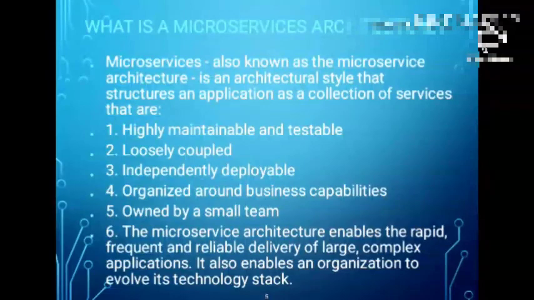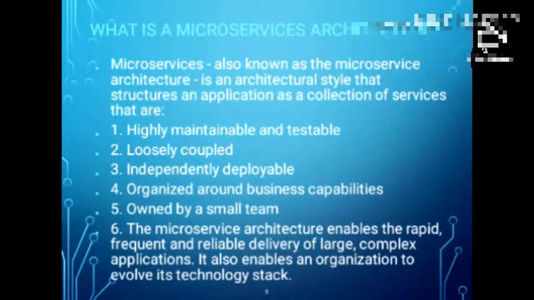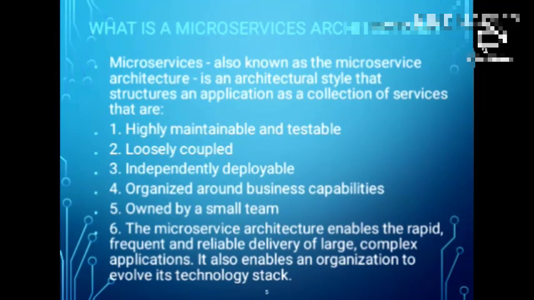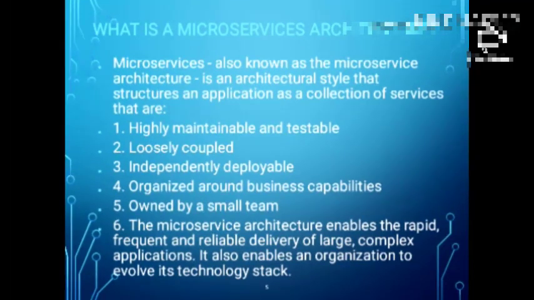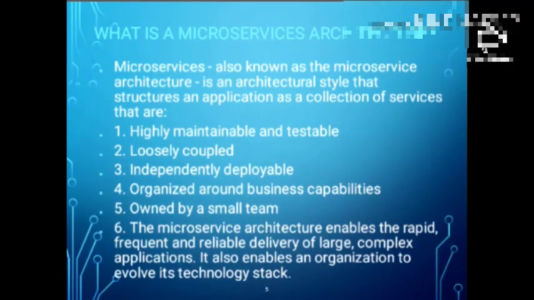What is microservice architecture? This is also known as an architectural style that structures an application as a collection of services that are: 1. Highly maintainable and testable. 2. Loosely coupled. This means that you can update services independently. 3.